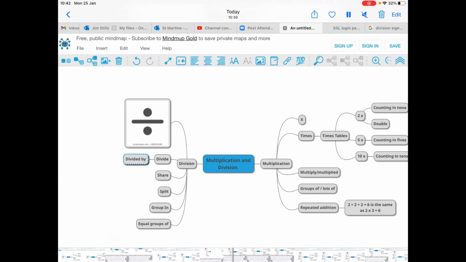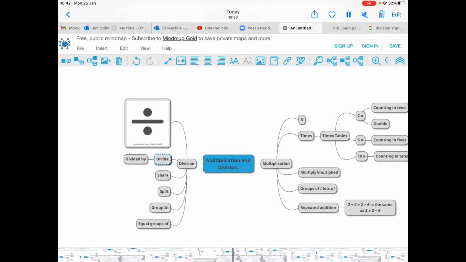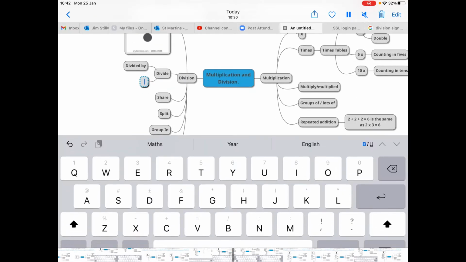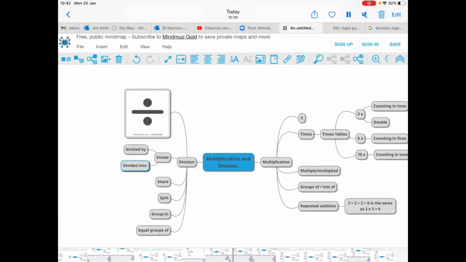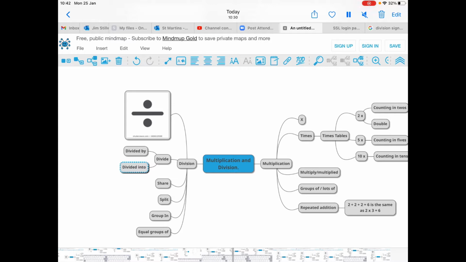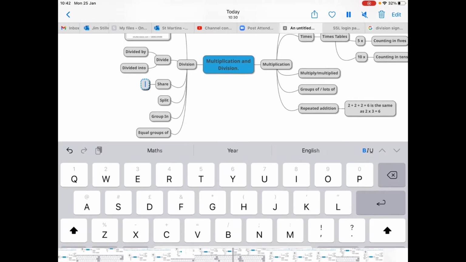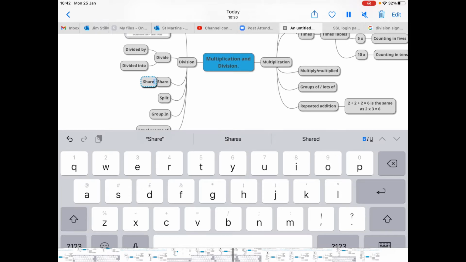When you hear division questions, you might hear phrases like divided by. So 10 divided by 2. Or when we're using practical objects, such as cookies maybe, you could have 10 cookies divided into 2 groups.